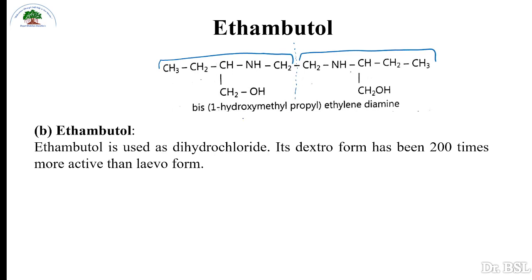It is dextro-1-hydroxymethylpropyl ethylene diamine, ethambutol. Ethambutol is used as the dihydrochloride. Its dextro form is 200 times more active than the laevo form.